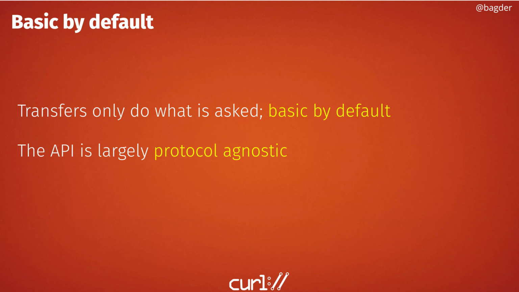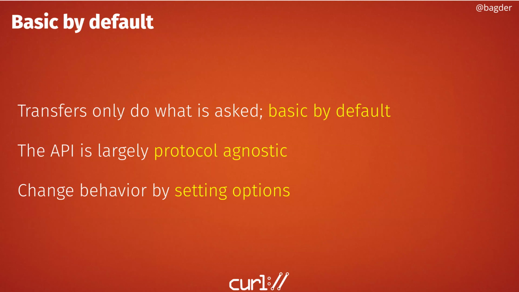If it's HTTP or FTP, you specify your URL, you specify where you want the data written or how to read the data to send to it, and then off you go. You don't need to figure out things about how the protocol actually works. Mostly. In some cases you need to, but usually you do that optionally. You want to do things, you want to fiddle with it, you want to improve it. And if you know stuff about the protocol, you can certainly understand more of libcurl and maybe use it even better. But you usually don't have to understand a lot about network protocol stuff.